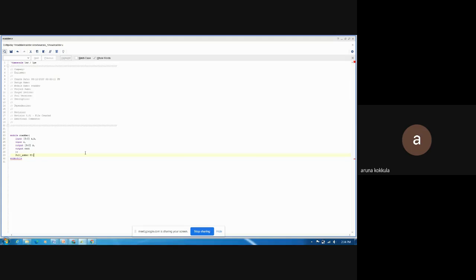So for the inputs, if the inputs are declared as buses, you need to assign them like a of 0, with square braces: a of 0, b of 0, and the initial carry as c. Then the expected output is s of 0.